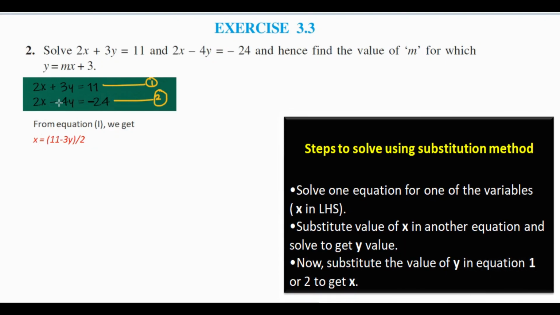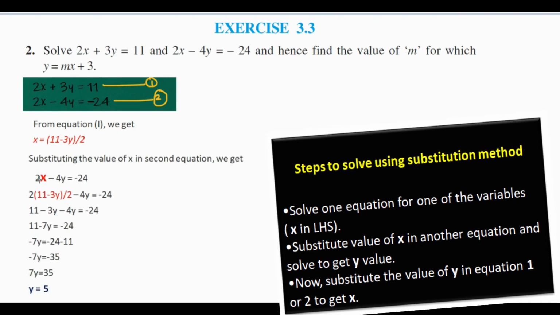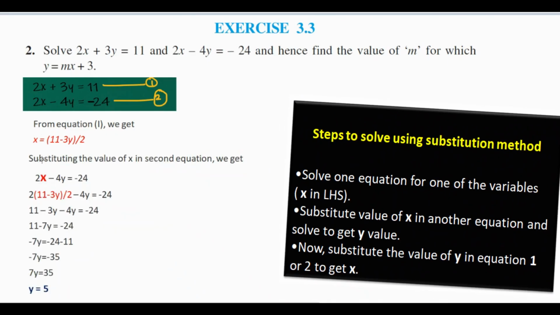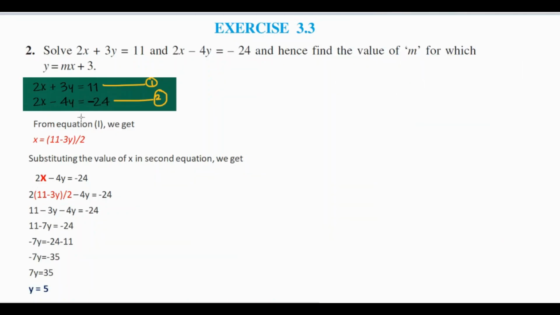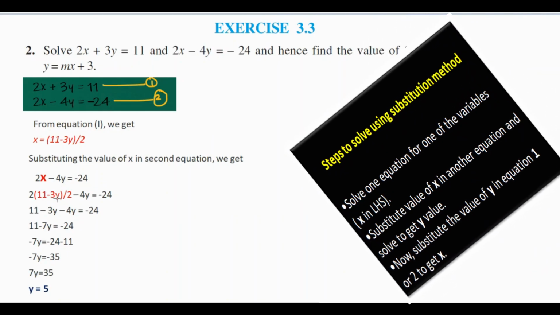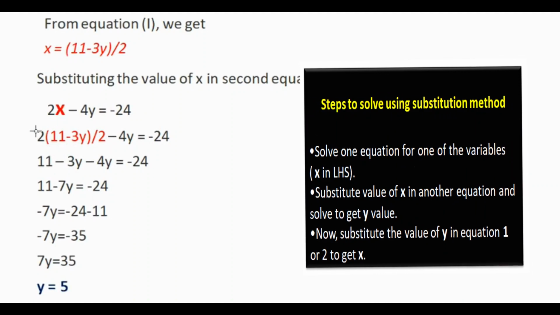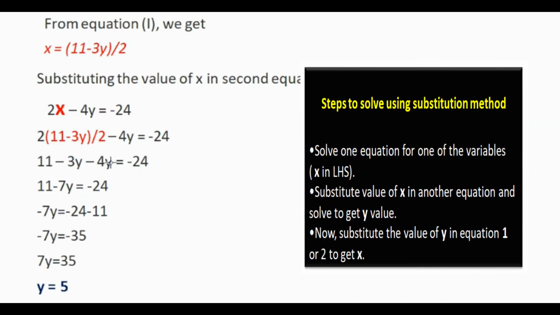We got x from the first equation and we are going to replace x in the second equation, 2x minus 4y is equal to minus 24. So we know the value of x, which is 11 minus 3y by 2, and we write the other terms as they are. 2 gets cancelled. 11 minus 3y minus 4y is equal to minus 24.